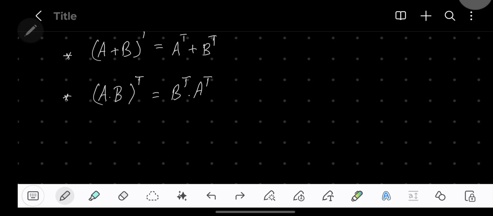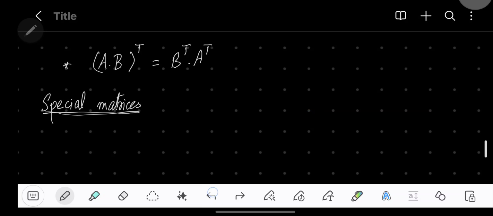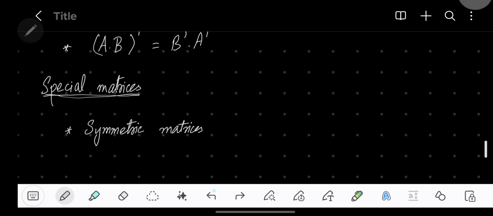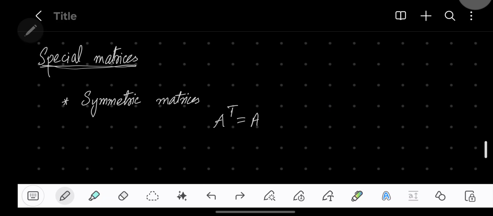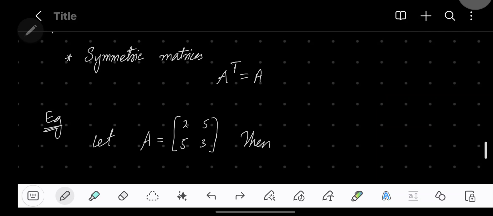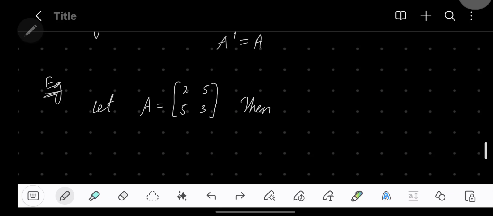Now we have some special kinds of matrices. The first is the symmetric matrix. I've already told you, it is the matrix in which A transpose equals A. Here is an example. If A is this kind of matrix, we can find the transpose of A by converting this row into a column first.